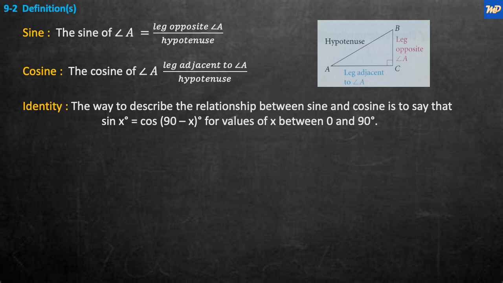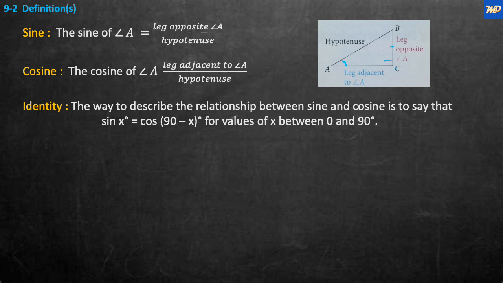Before we get started, we'll look at a couple definitions. One, sine. The sine of angle A is equal to the leg opposite angle A divided by the hypotenuse. If we're looking at angle A right here, the side opposite is this one from B to C, and it's divided by the hypotenuse, which is defined as the side that's opposite the 90 degree angle.